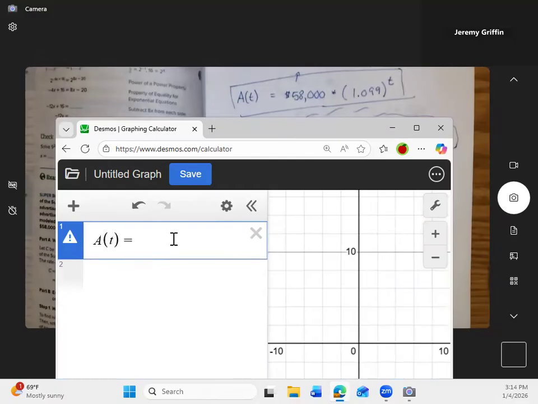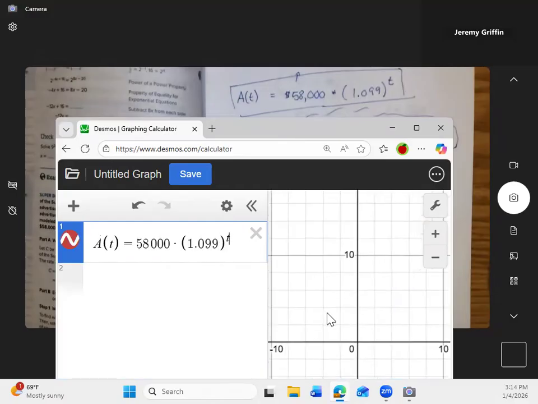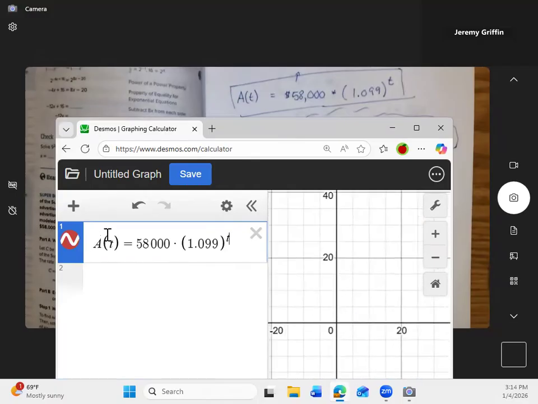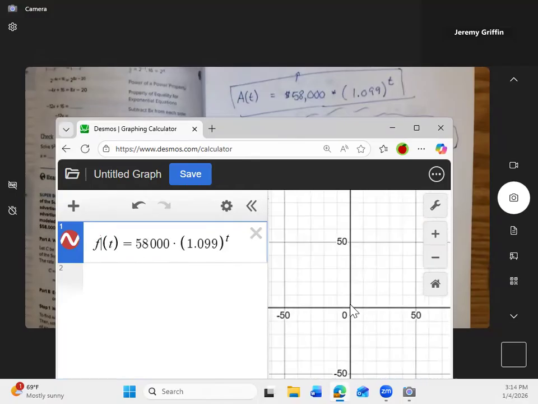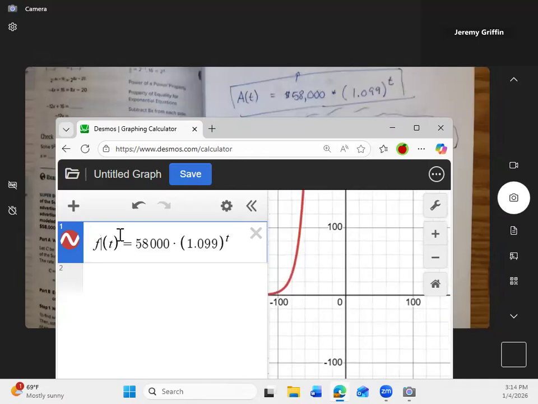So 58,000 multiplied by 1.099 to the power of t. It doesn't like this notation. Maybe I'll do f of t. Wait, no, I'm being silly because they're starting at 58,000, of course. Let's get back to that. It doesn't care about that.